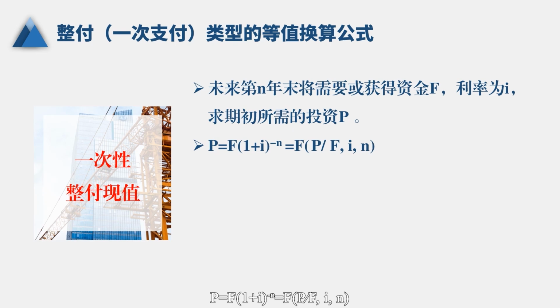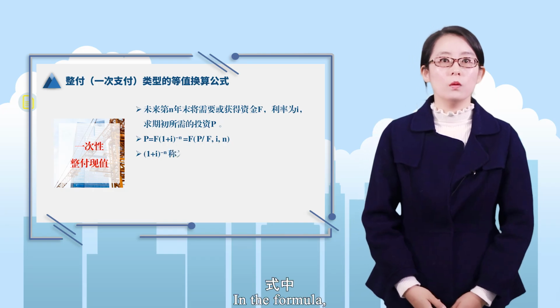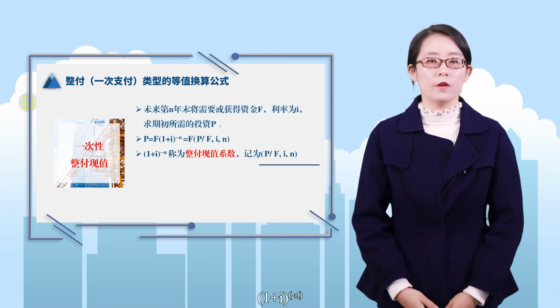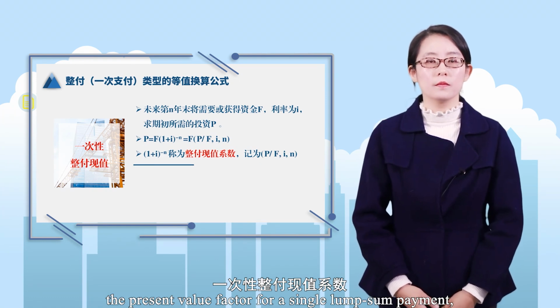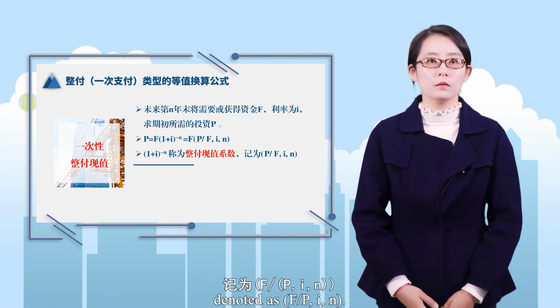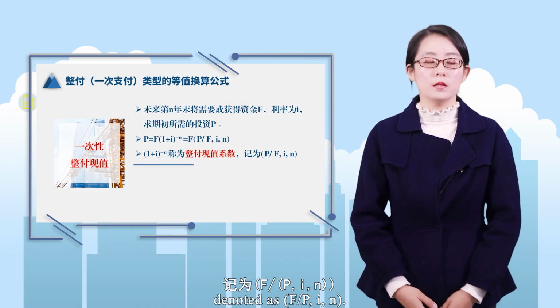In the formula, (1 plus i) raised to the power of minus n is called the present value factor for a single lump sum payment, denoted as (P/F, i, n).